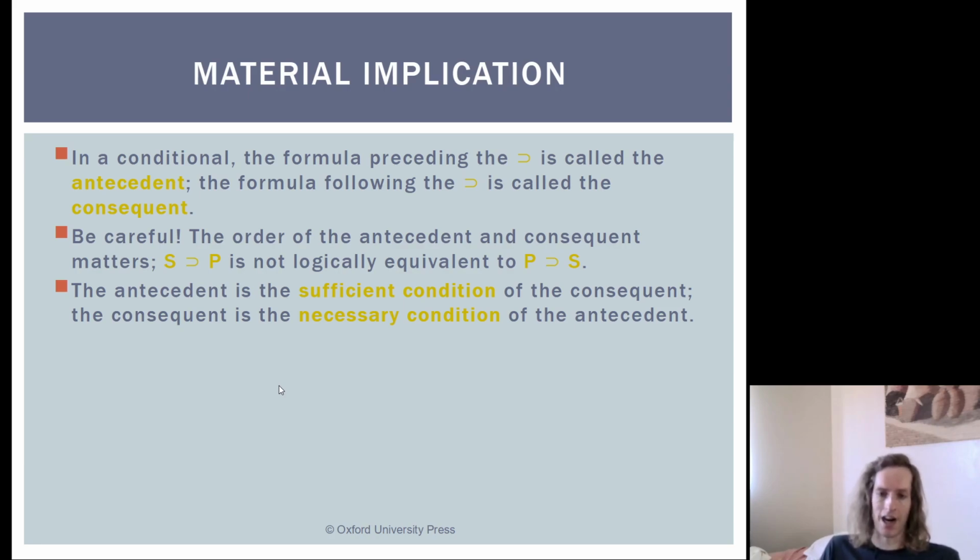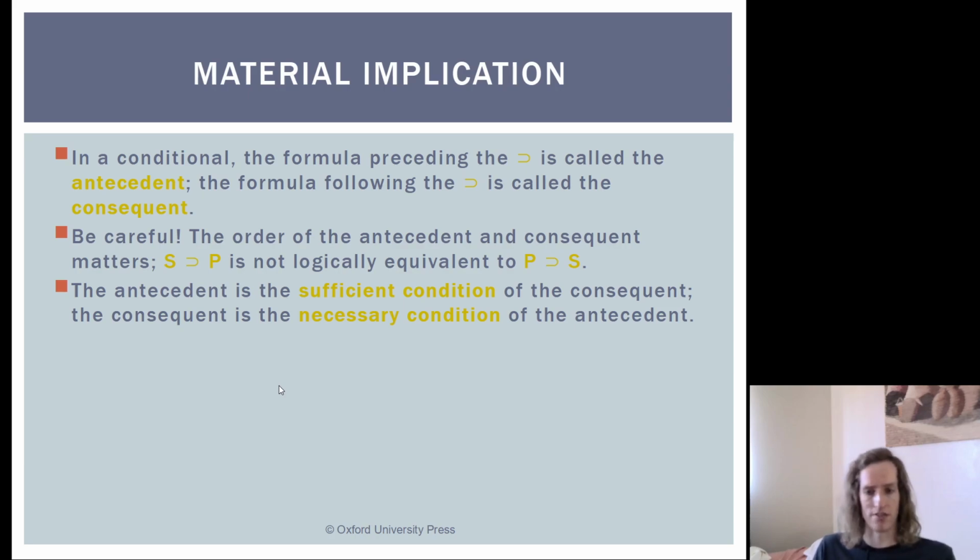Having 4 sides is a necessary condition for a square. For an object to be a square, it must have 4 sides. However, having 4 sides is not a sufficient condition for being a square. Something could have 4 sides and not be a square because the sides are unequal lengths.